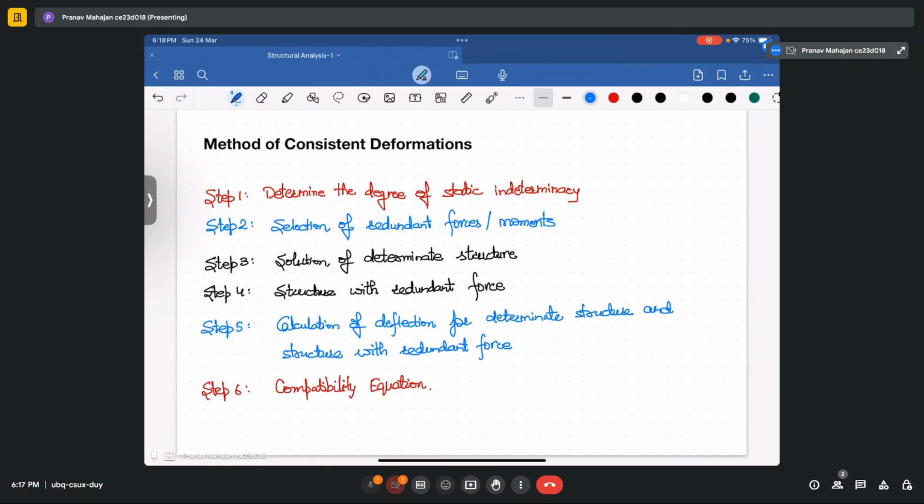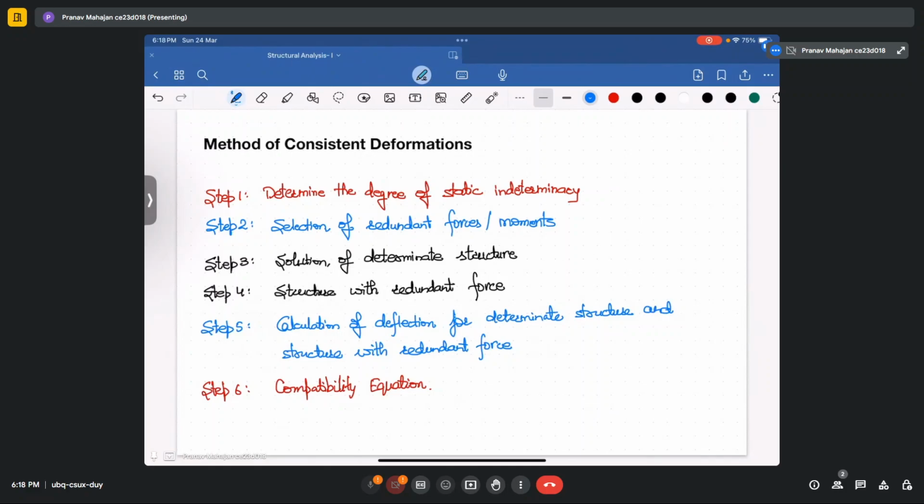Whereas in beams, you will determine the total number of unknowns minus the number of equilibrium equations. So you have three equilibrium equations. When you subtract three from the total number of reaction unknowns, you will get the value of the degree of static indeterminacy. Then you will select the redundants or unknowns in the structure. Whether it is externally indeterminate or internally indeterminate, you will select based upon that. Then you will solve the determinate structure after removal of all the redundant forces in the member.